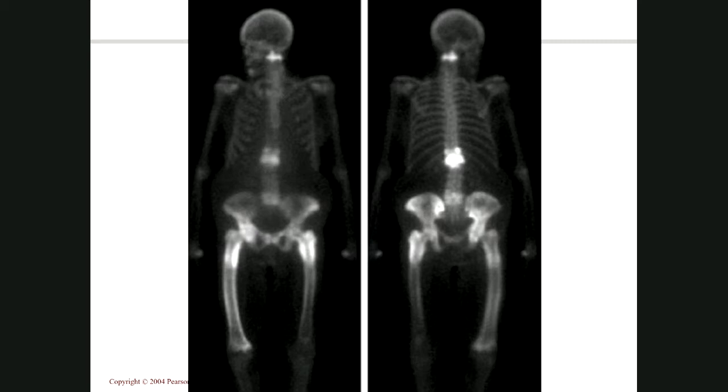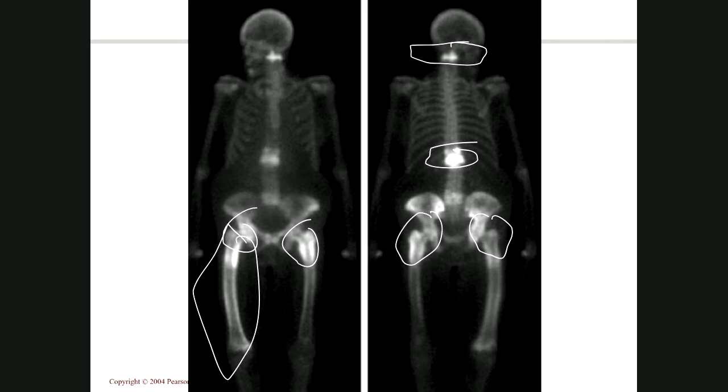You can see these things here. These are called hot spots, and that's where there's too much of this bone. And look at it. Everywhere you have a hot spot like this, you lose function. So this person probably can't turn their head very much. They probably can't bend over here.